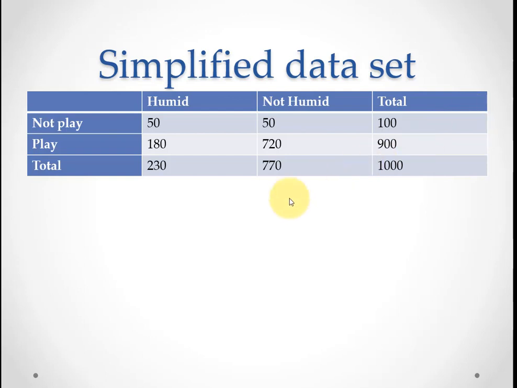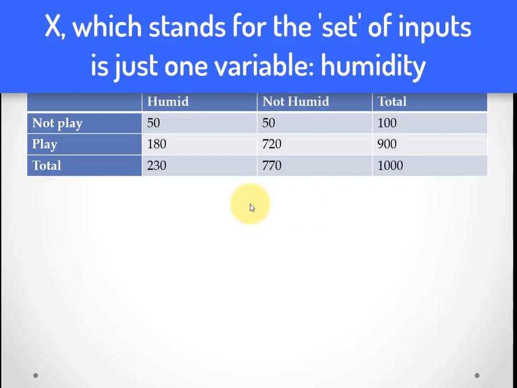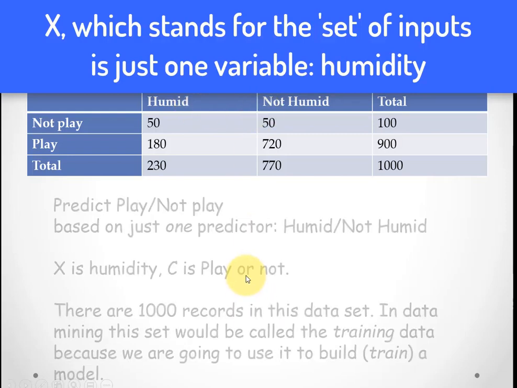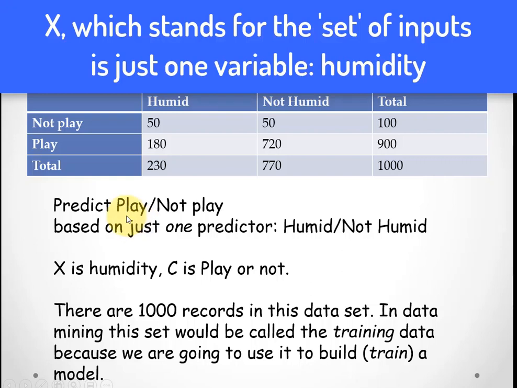Okay, but here we want to try the complete Bayes rule or algorithm. So we will consider the variables, and in this case we only have one input variable, one predictor variable, and that's the humidity. And it's either true or false, so it's either humid or not humid. We're going to predict play versus not play based on just one predictor, humid, not humid, or humidity, true, false.